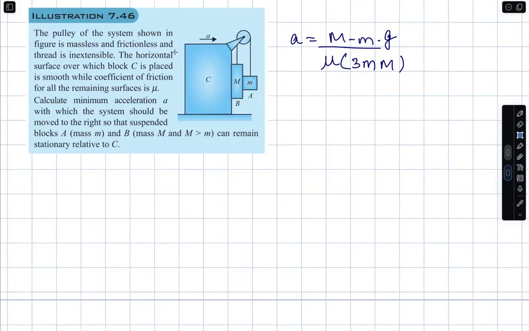Better start your observation with small m. Now, please try to understand what is happening to small m. For small m, this will have some tension force.